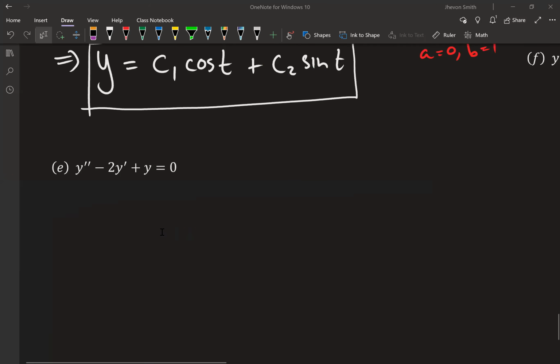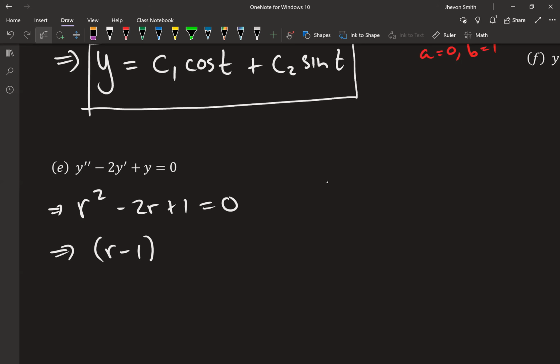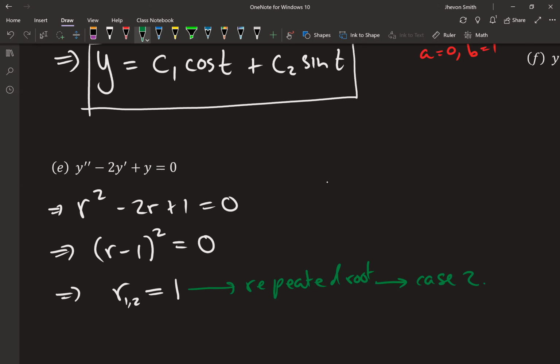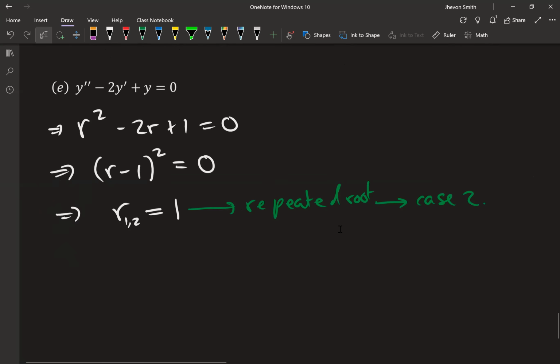Right, so here, I'll do the first couple steps for you. We're going to notice that this gives us r squared minus 2r plus 1 equals 0. You'll notice that this actually factors, or hopefully you should notice, this factors into r minus 1 all squared. This means r, both versions 1 and 2, is equal to 1. This here is what we call a repeated root. It's the same root doubling up. So this means we're actually in case 2. So I have r equals 1.